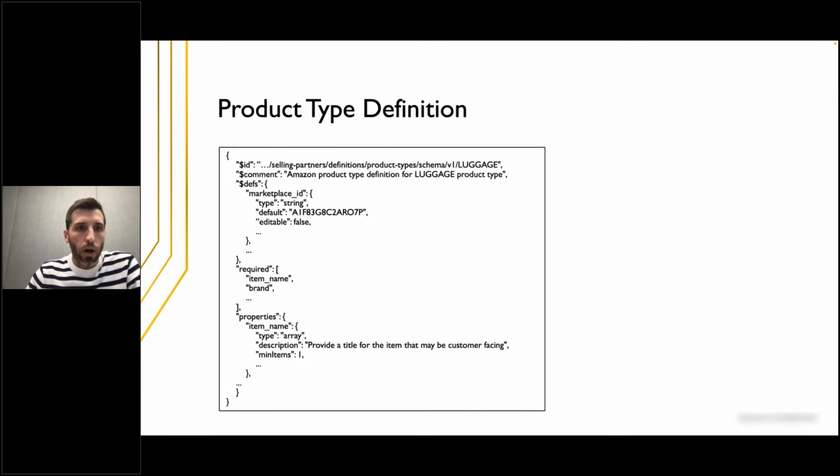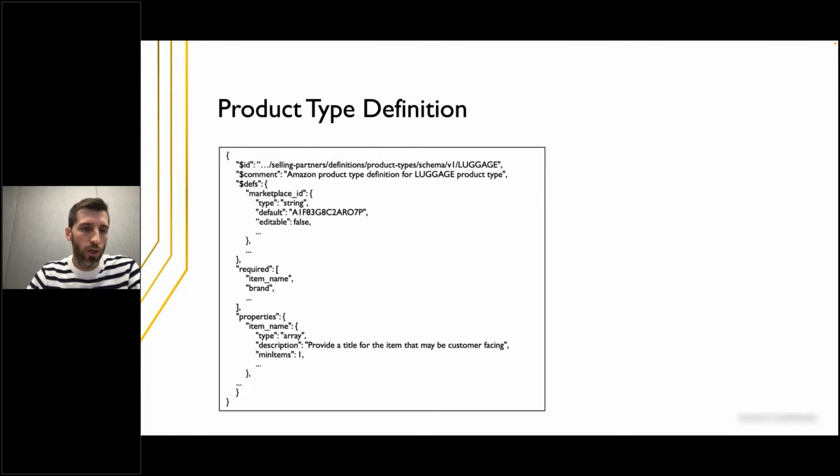Let's look now at how a product schema looks, for those of you who haven't seen it before. This is basically a JSON schema that the product type definitions API returns when you ask for a specific category. This is an example for the luggage category in this case, as you can see in the ID section.